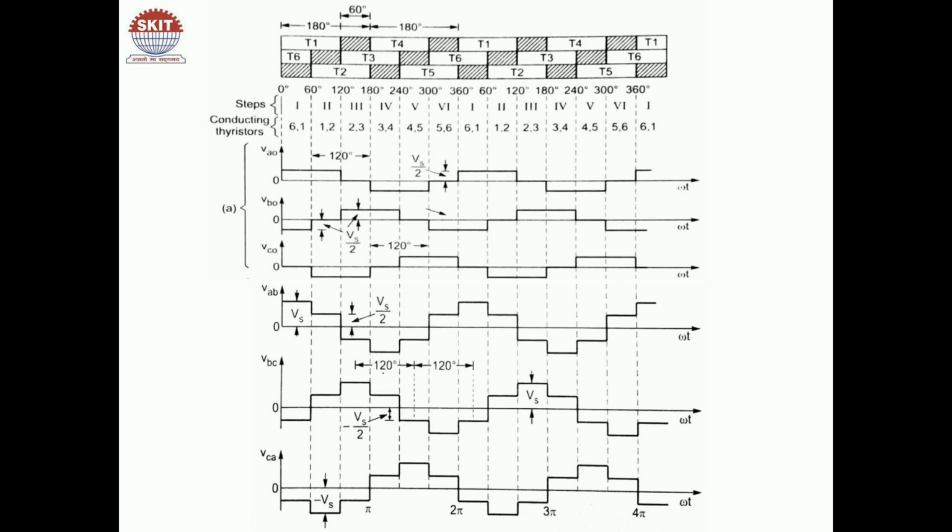Once you do this, you will observe that VBC is 120 degree out of phase with respect to VAB. So this waveform of VAB will start with the same shape, but it will start from 120 degree, or from here.